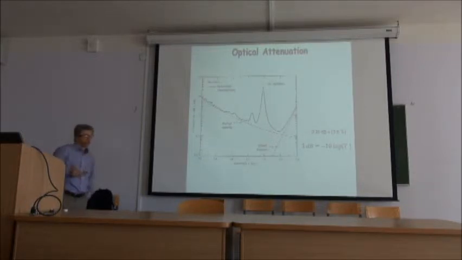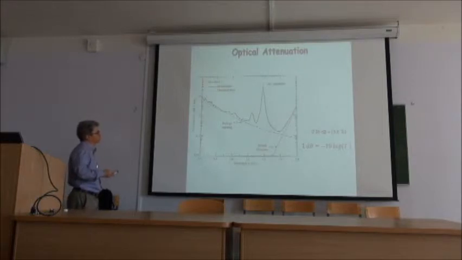Another very important characteristic to observe is the optical attenuation of fiber, in particular silica fiber, which is mostly used nowadays. What you see here is a spectrum that defines the range of application you would like to have on a fiber or on a network made of fibers.